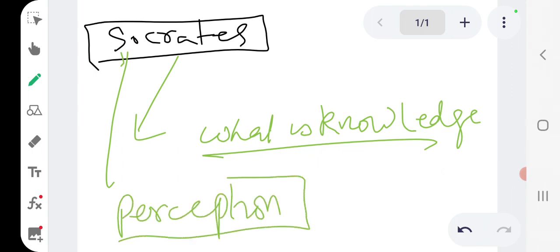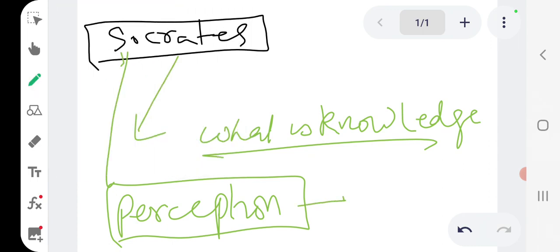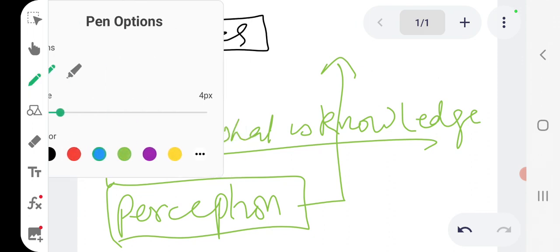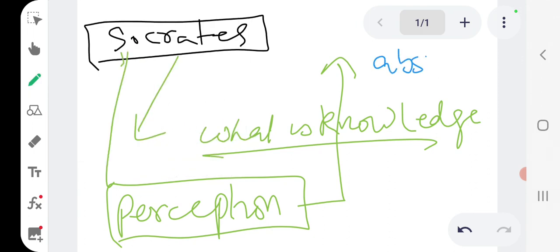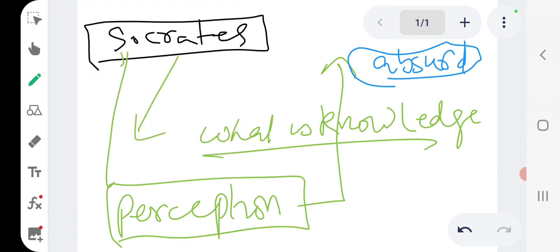And then through dialogue with him, he reduces this claim that knowledge is perception to something absurd, which even the person who made the claim would think is absurd. So if a claim leads to an absurd conclusion, then we probably shouldn't hold that claim.